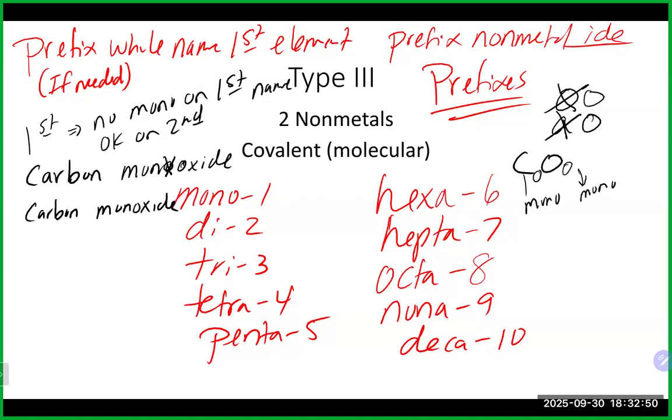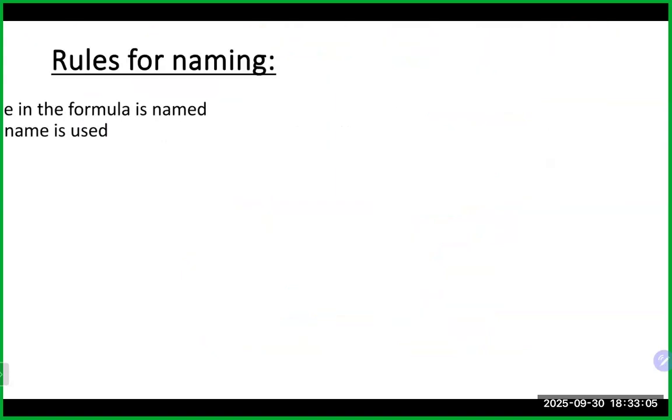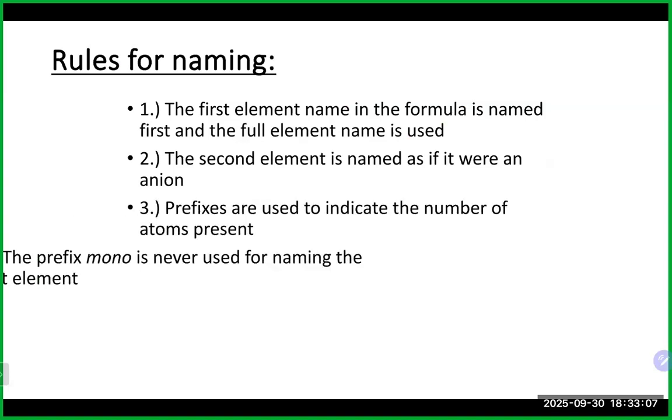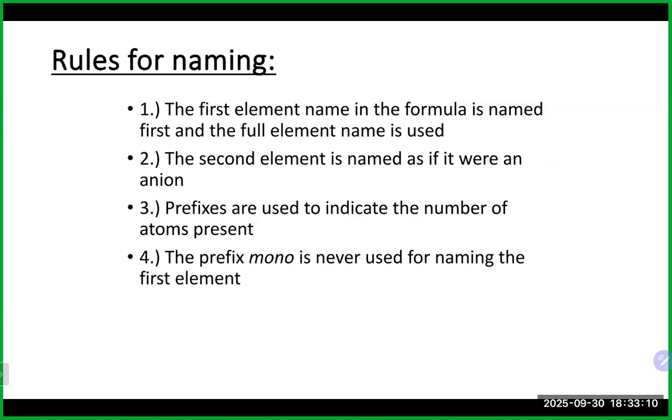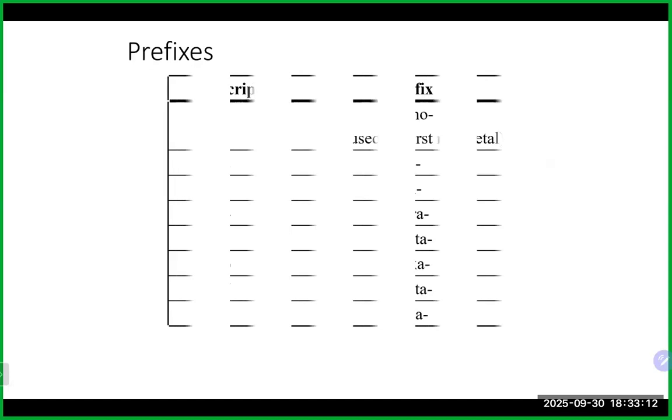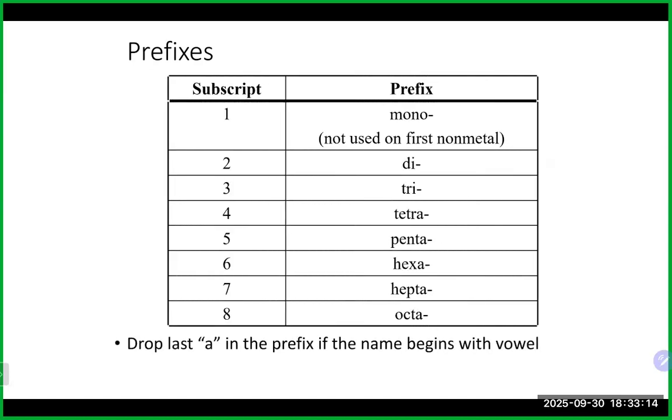So again, mono is okay on the second, not on the first, and if you get an OO or an AO, drop the vowel off of the prefix, typically. Any questions on that there? All right. So as I mentioned, that's what we just talked about there. And here again are our prefixes. And usually it's that A or O that gets dropped along the way.